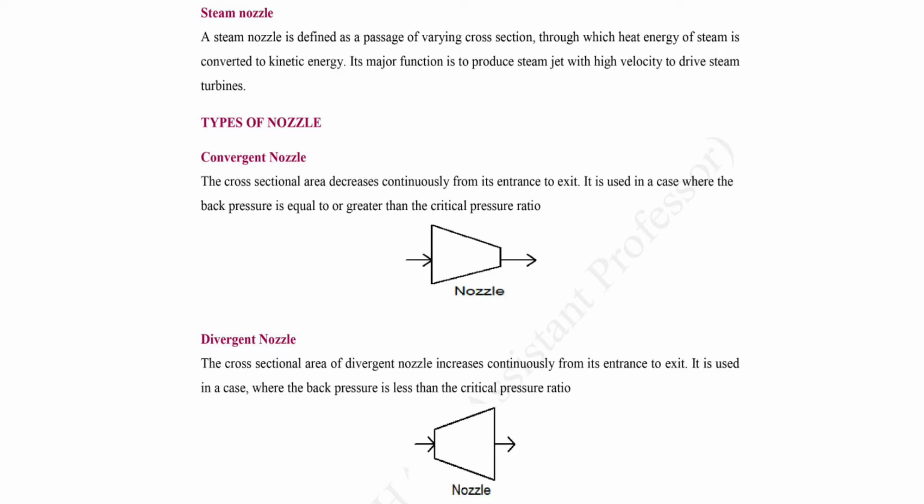The cross-sectional area of a divergent nozzle increases continuously from its entrance to exit. It is used in a case where the back pressure is less than the critical pressure ratio. This is the divergent nozzle.